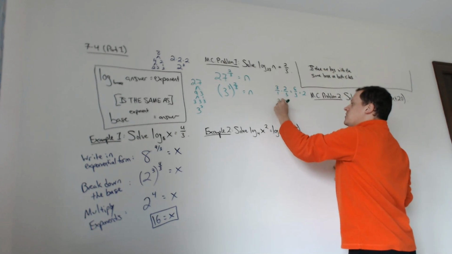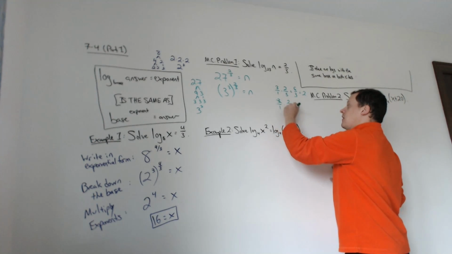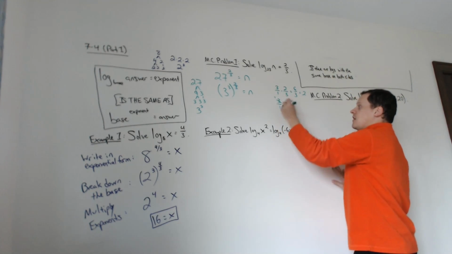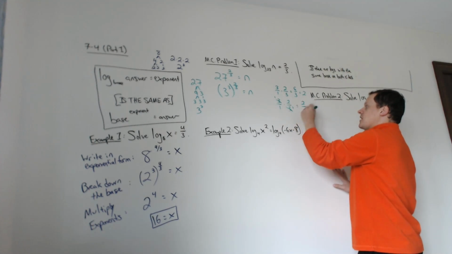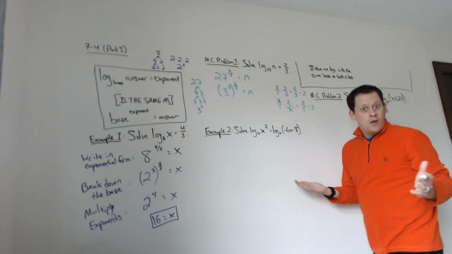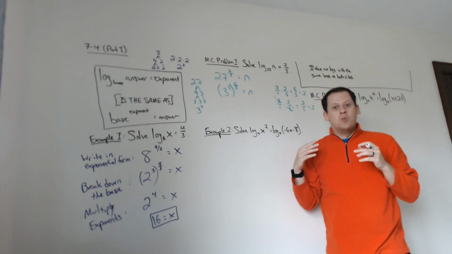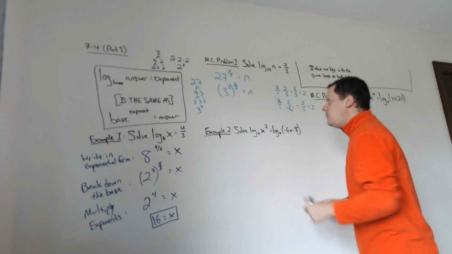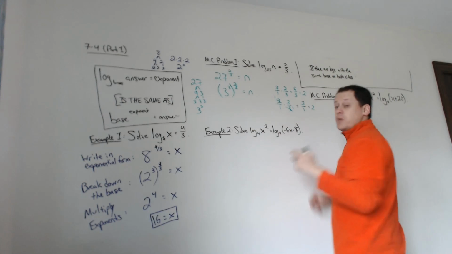If I were to do this, and notice I have a 3 on top and 3 on the bottom, those turn into 1s. This turns into 1 times 2, which is 2, over 1 times 1, which is 1, which is also 2. I don't want multiplying these numbers together to be where this falls apart for you. So either way, we know that when we multiply these exponents, we get 2.